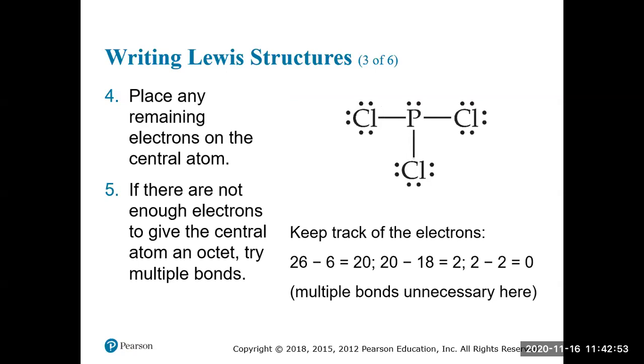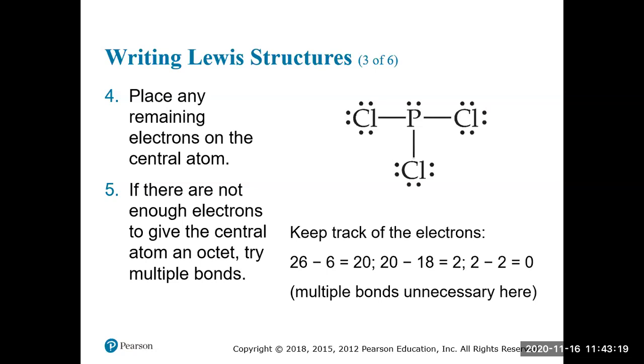And let's go ahead and count all of these atoms to see if we have the octet rule satisfied for each of them. So the chlorines have 6 free electrons and then 2 electrons that they're sharing with the phosphorus. So we have 8 electrons around each of those. So we satisfied the octet rule for them.